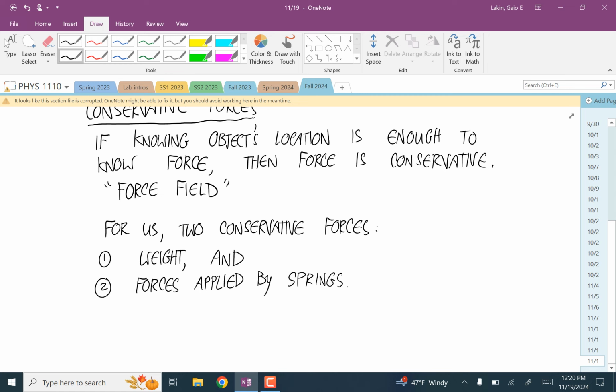I don't even have to tell you the location. The force is going to be 0.1 kilograms times 9.81 down, no matter where it is. But if you just look at this definition, knowing this object's location is enough to specify the weight force. So this is a conservative force. If I tell you it's here, you know the weight force. If I tell you it's here, you know the weight force. And then the other one that we're going to use is spring forces.